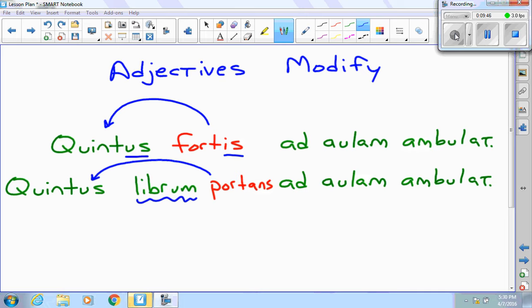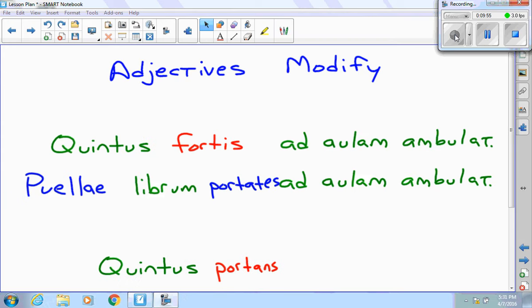Make sure that you can look at a participle and tell what it's modifying. If I replace Quintus and portans with puellae and portantes, same thing: portantes, nominative, plural, and feminine, modifies puellae, which is also nominative, plural, and feminine. Case, number, and gender must match for adjectives and participles to modify.